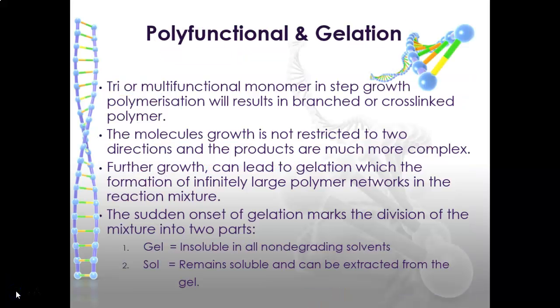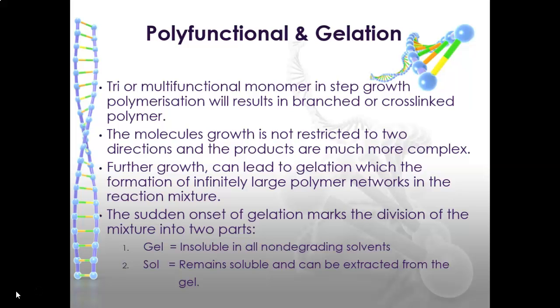Okay, now we proceed with polyfunctional monomers and the theory of gelation. A tri- or multifunctional monomer in step growth polymerization will result in a branched or cross-linked polymer. This means that if the monomer contains three or more functional groups, we call it a multifunctional monomer.